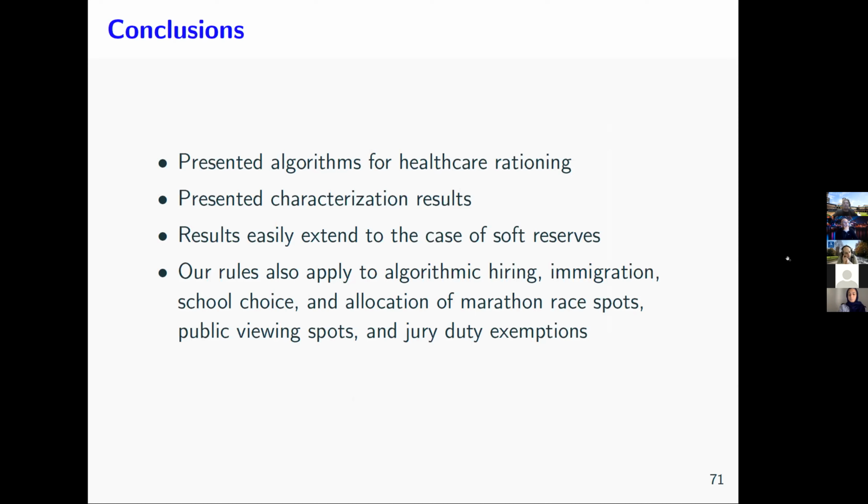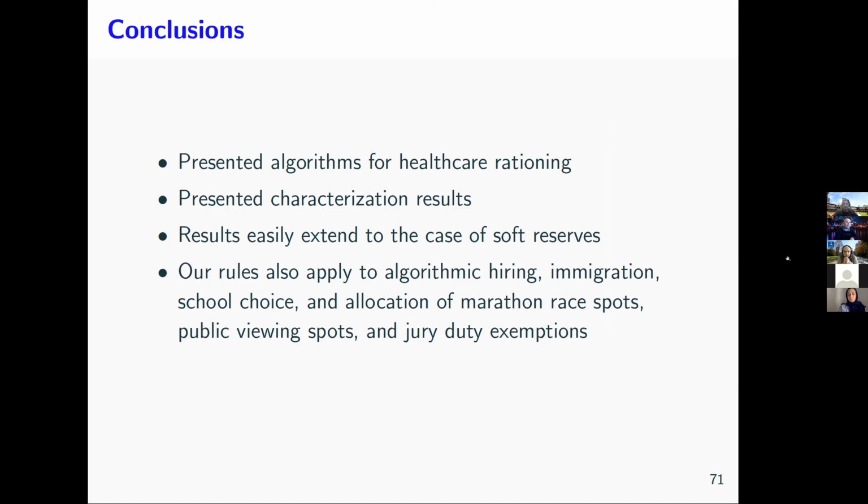Soft reserve simply means that we relax this eligibility requirement by even allowing people who are not eligible to get a unit from a category if all other people who were originally eligible have already taken theirs. So all of our arguments, including strategy-proofness, do extend for soft reserves as well.